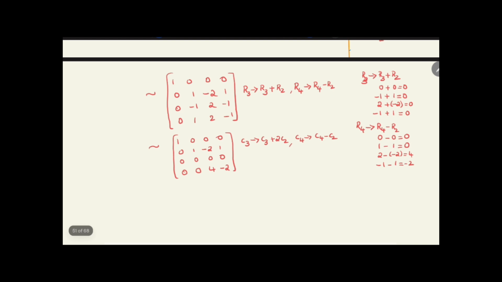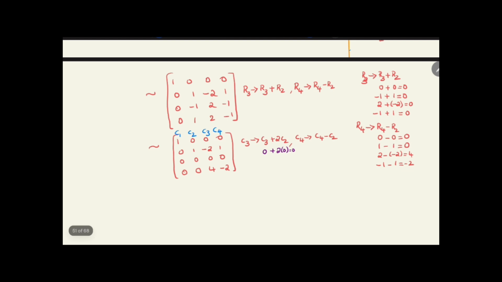Okay, so here students see, I will solve it here itself. What is the first element of C3? I will write down C3 here, wait. C1, C2, C3 and C4. Okay, what is the first element of C3? It is 0 plus 2 into 0, which is 0.